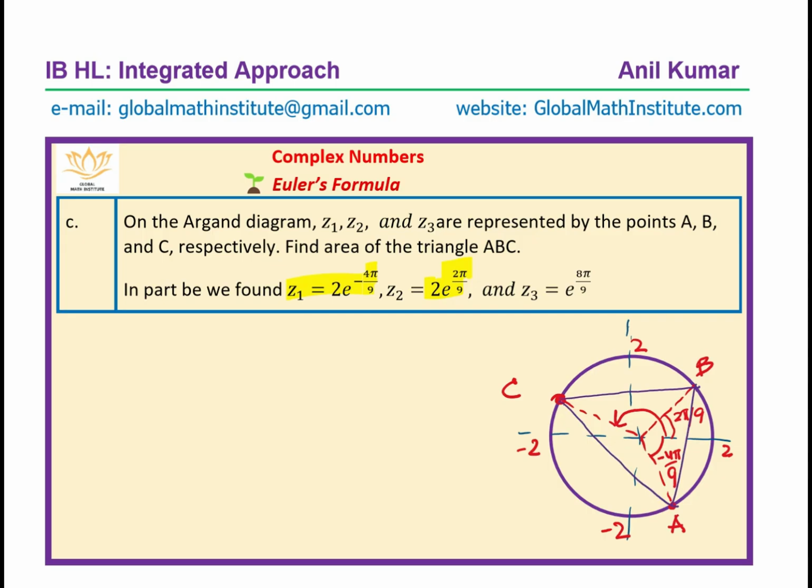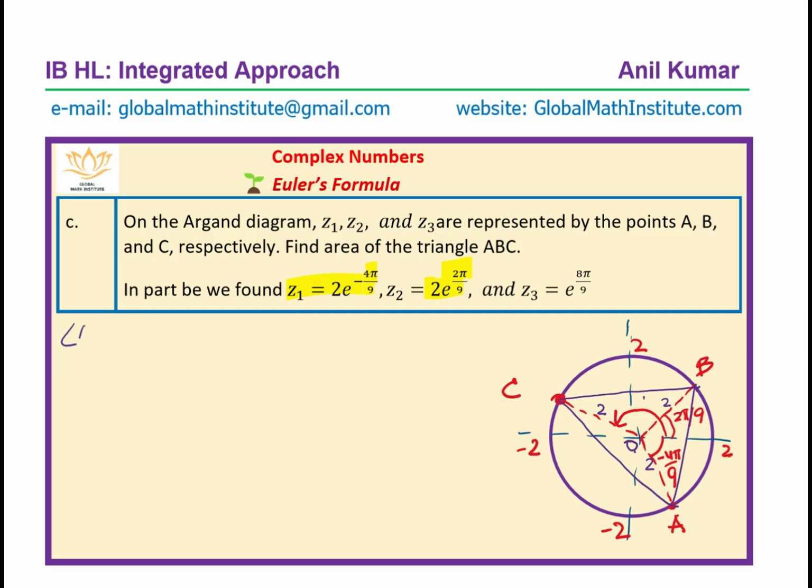Correct. In this triangle, you'll notice that there are three triangles in between. Let's say O is the center. So we have three triangles whose two sides are 2 each, because of the radius. And what is the angle in between? Let's figure out the angle first.